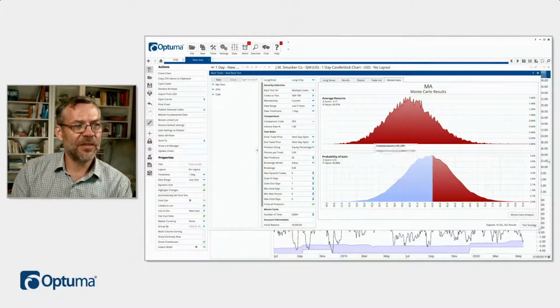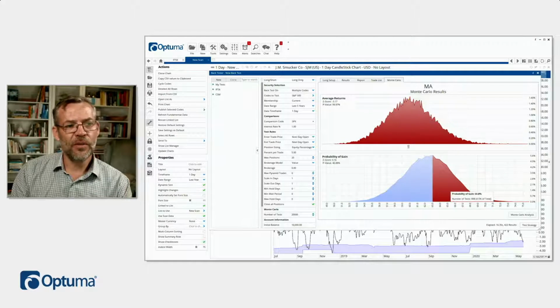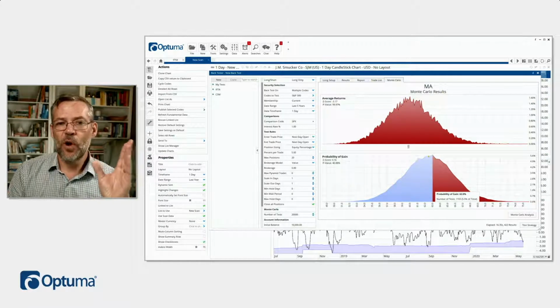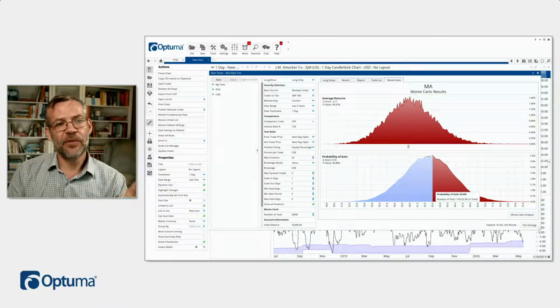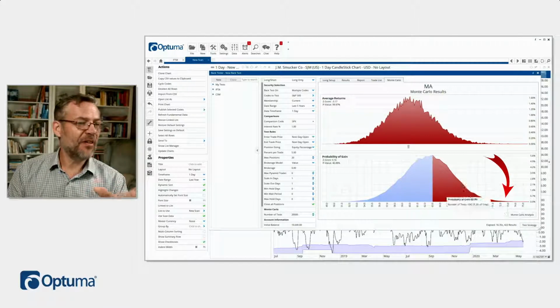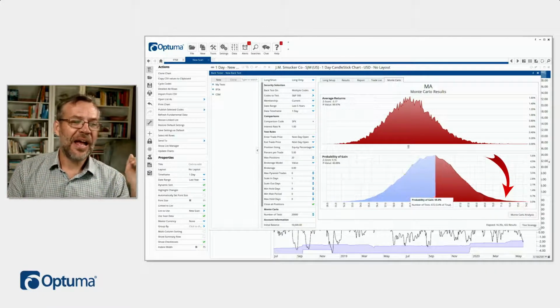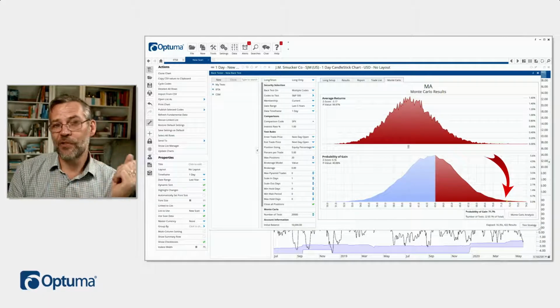But when I look at the Monte Carlo results, what I'm looking for is this barrier between the colors. Ideally, for something like this to be significant, we want to see our result, our change in colors over here. That means that 95% of these observations are over on the left-hand side and 5% are over on the right.